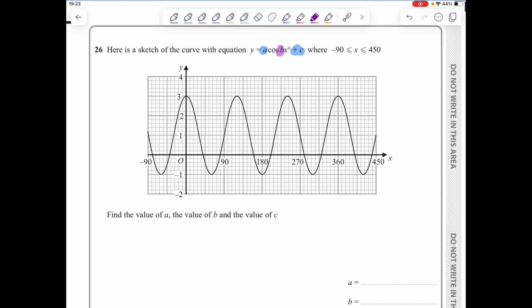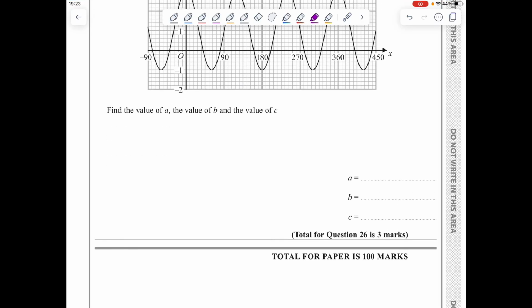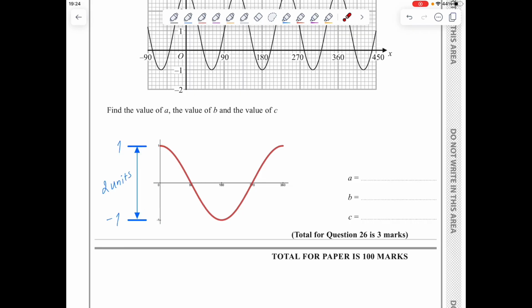To find the values of A, B, C, I will need to consider the original cosine graph, and let's draw this one down here. Note that this graph has a maximum height of 1 and a minimum of minus 1, and this implies that the height is equal to 2 units. And the period of this graph is the horizontal distance between the two peaks.